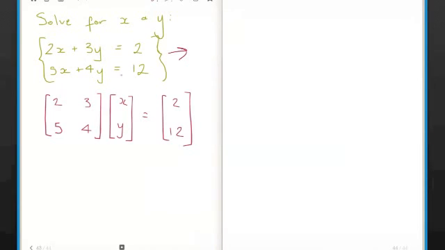So if I then multiplied this out, I would be going 2 by 3 times x by y. So I would be having 2x plus 3y.